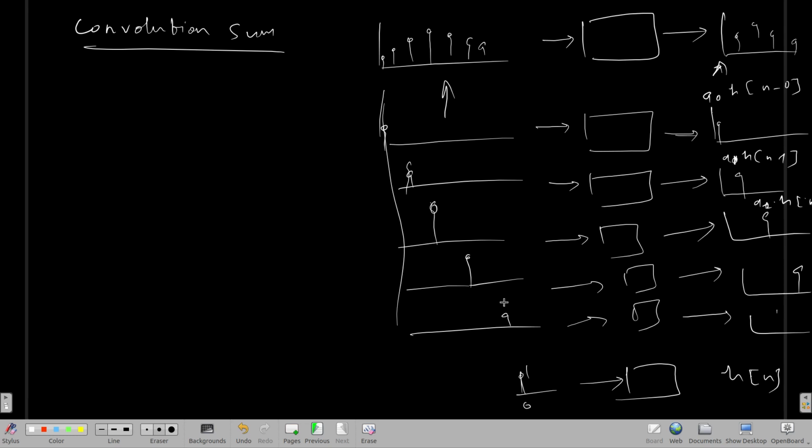Similarly, here we add it up to get the original signal, and the response we get is weighted and shifted impulse responses, and we add it up to get the output, whereas earlier we integrated it to get the output. That is the only difference. This is the basic concept.